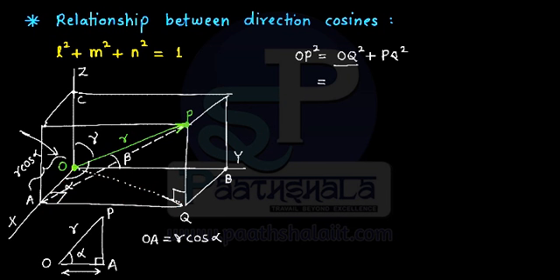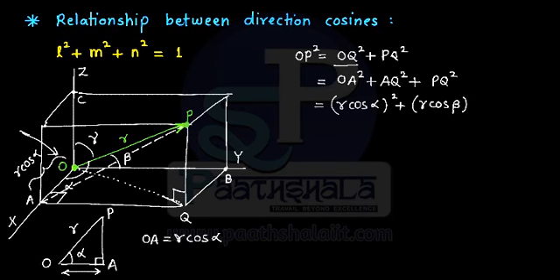So OP square can be broken as OA square plus AQ square plus PQ square. Now OA is nothing but R cos alpha, then AQ is the same as OB, so that becomes R cos beta the whole square, and lastly PQ is nothing but OC, which is R cos gamma the whole square, and OP itself is R, so OP square is R square.